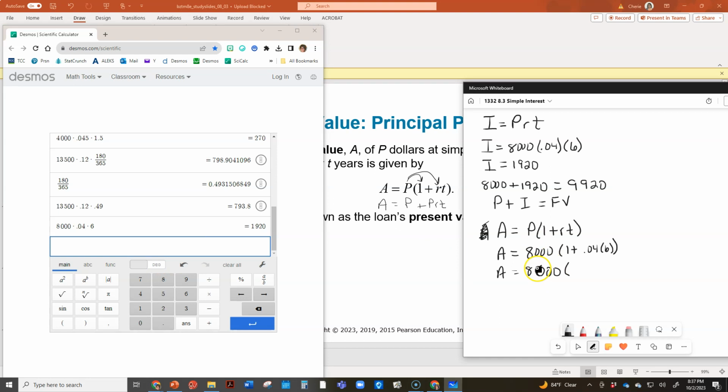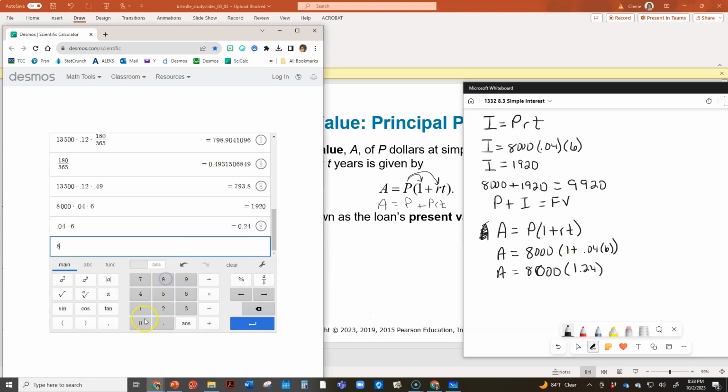8,000 times 0.04 times 6 is 0.24. So add 1 to 0.24 and you get 1.24. And now you multiply 8,000 times 1.24 and you get 9,920, which is exactly what we got.